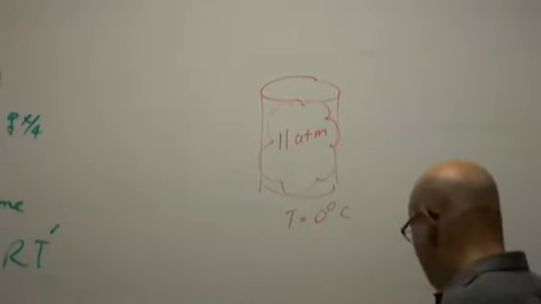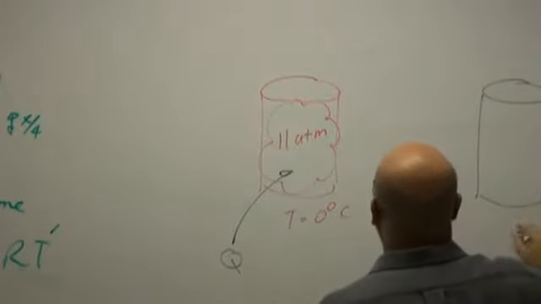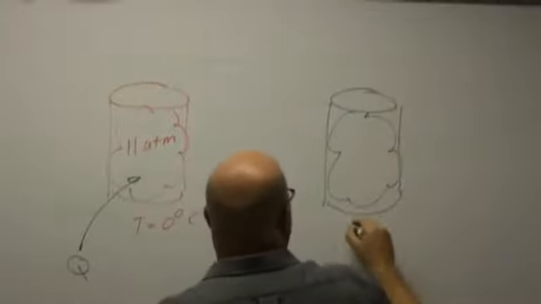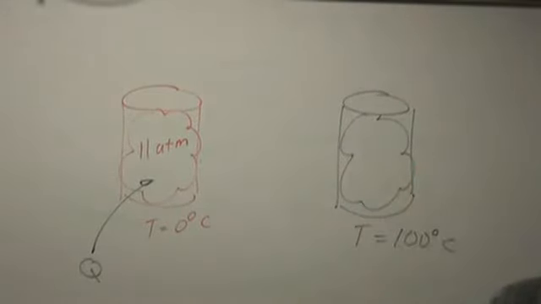Because you're not too bright, you take it and throw it into a fire, and you raise the temperature. So afterwards, the cylinder looks like this, but now the temperature is 100 degrees Celsius. Okay, what's the new pressure? A lot.